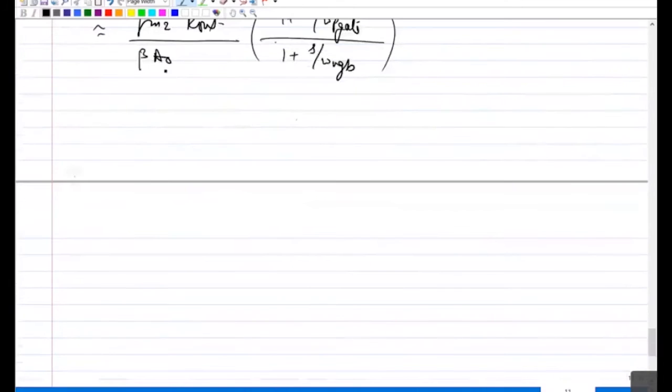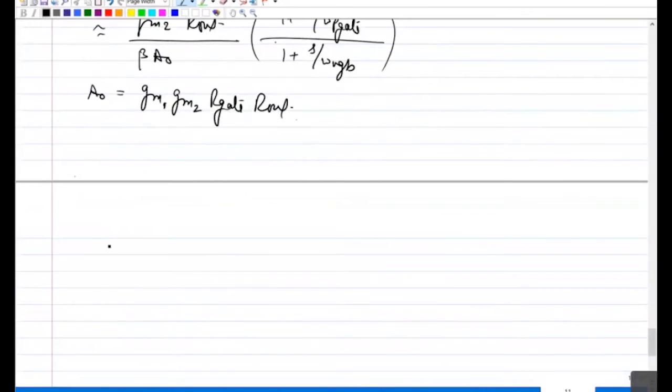So now I will just break this A naught. So A naught equals GM1, GM2, R gate, R out.